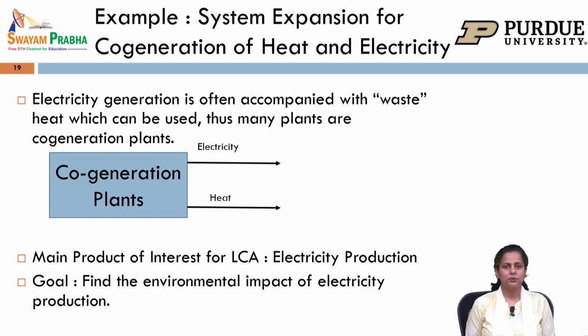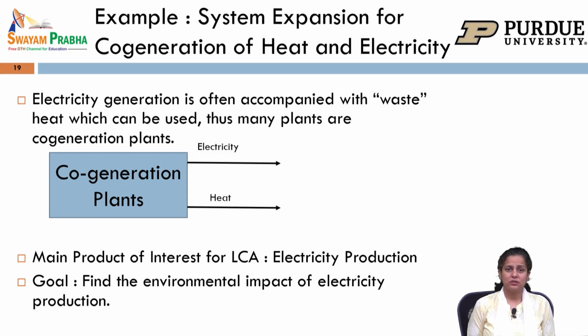If you have to represent the cogeneration plant as a process in your system boundary, we have two outputs, electricity and heat. The main product of interest for our LCA is electricity production. So, we are including this cogeneration plant in our system boundary because we are interested in studying the impact of electricity production. The goal of our study is mostly to look at the environmental impact of electricity production.